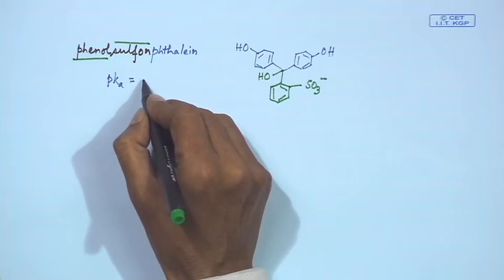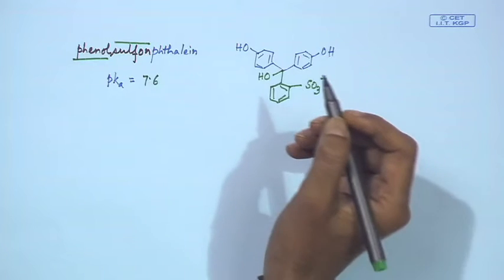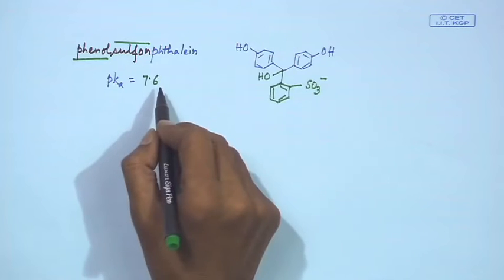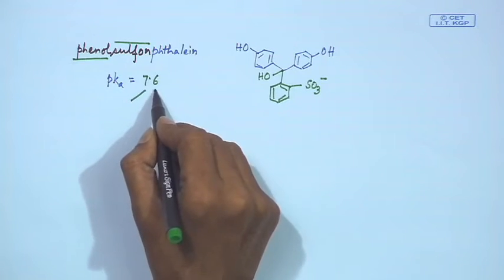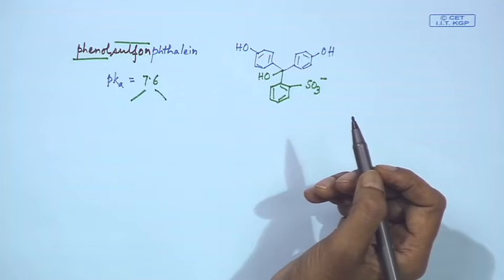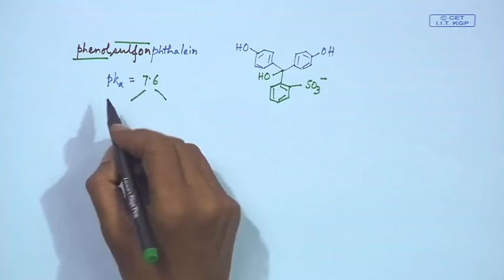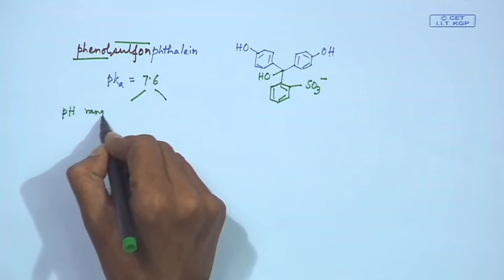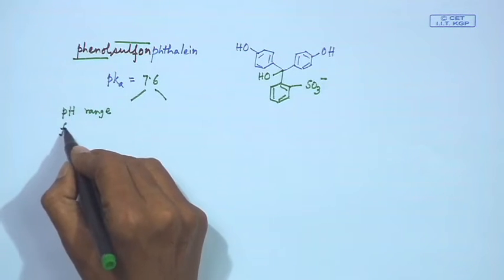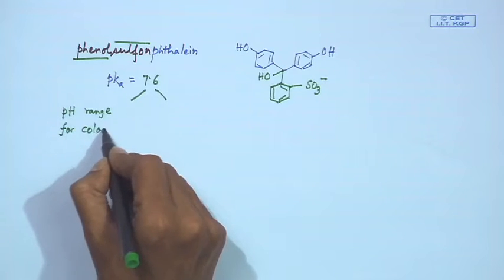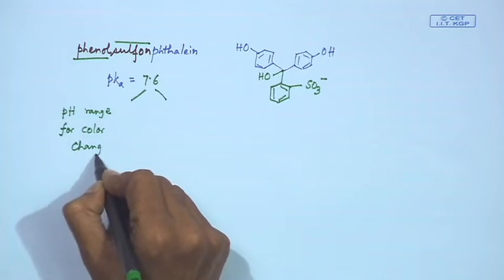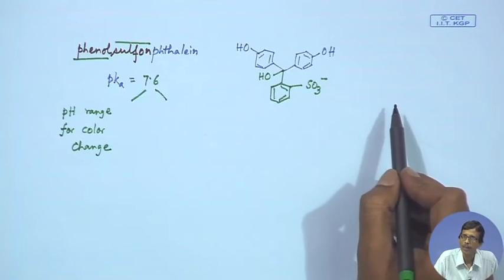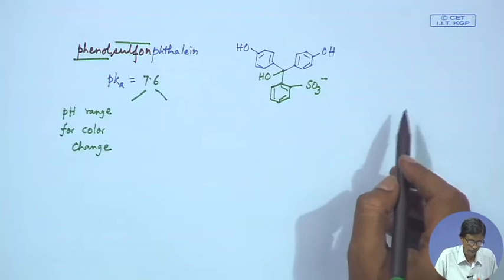This pK value is 7.6. Whenever we get a pK value, there should be some rule for how we can tell the corresponding color change range. The colors for HIn and In minus will be different.